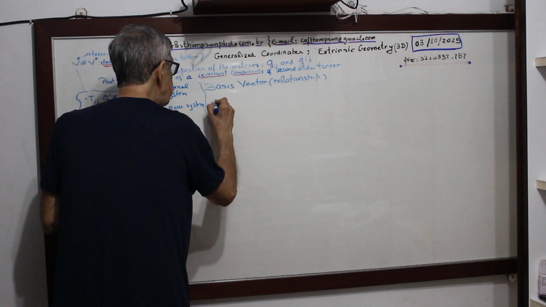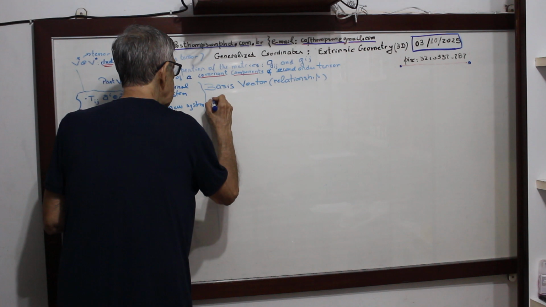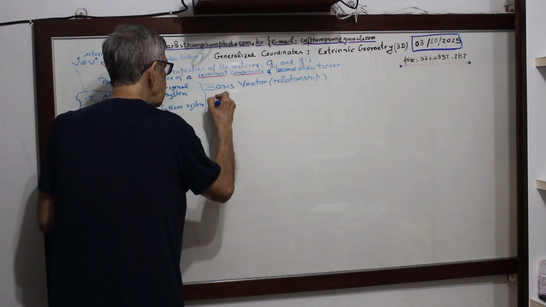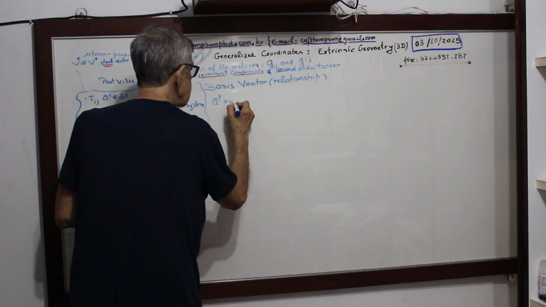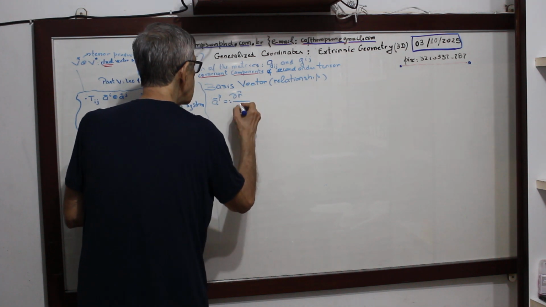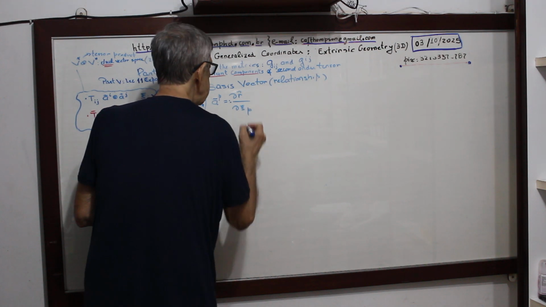By definition, A_p and A bar_p is the partial derivative of the position vector with respect to x^p.